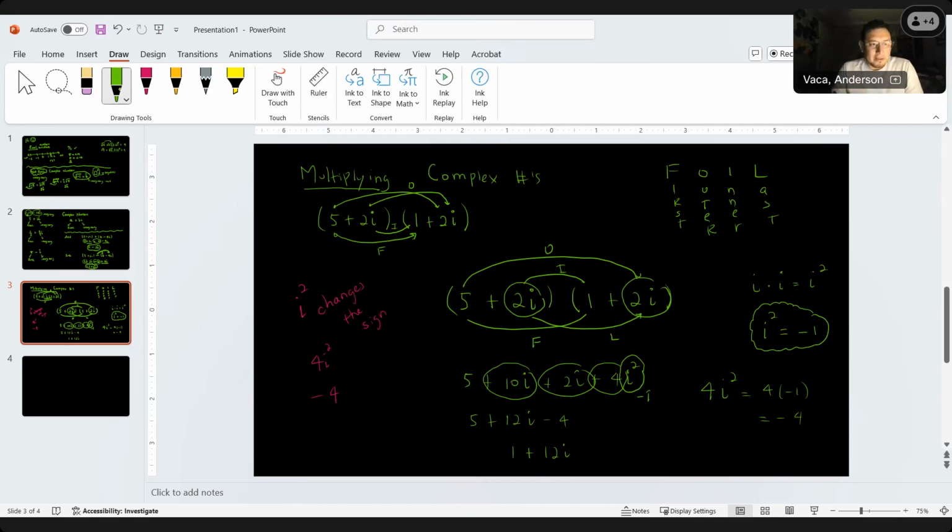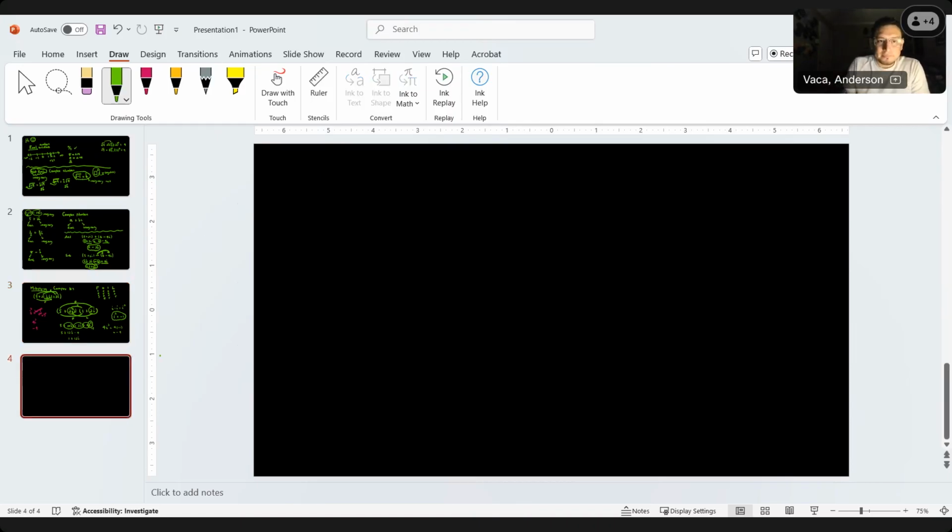All right, I'm going to do another multiplication because one example is not enough. So I am going to do, let's say, 3 minus 4i, and I'm going to multiply it with, I don't know, -2 minus 3i.